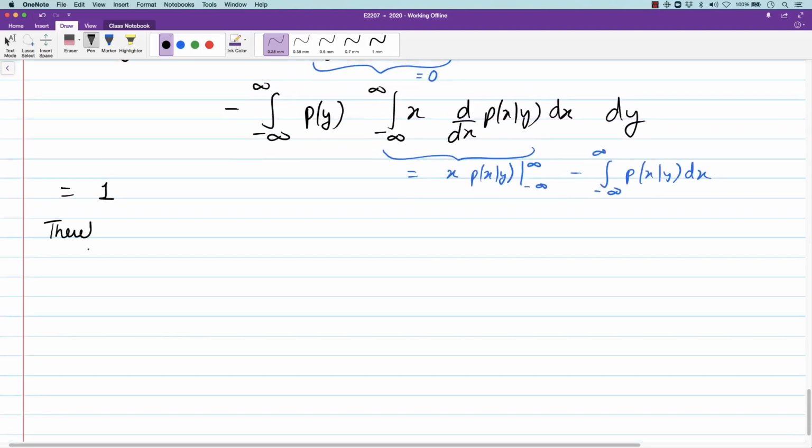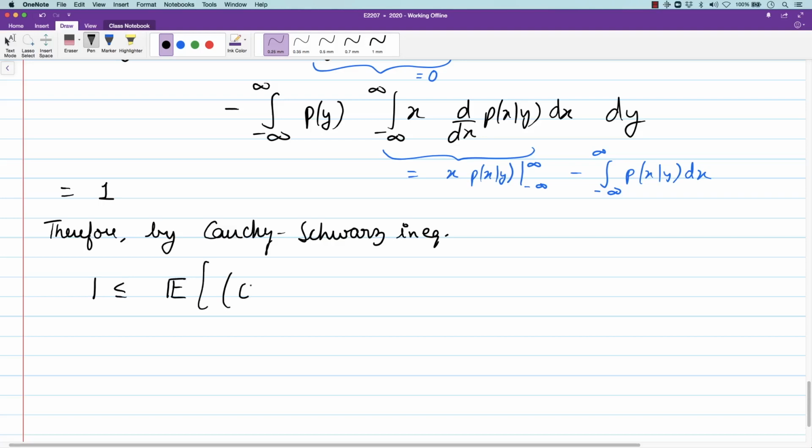Therefore, by Cauchy-Schwarz inequality, this 1 is less than or equal to, so now we'll apply Cauchy-Schwarz.